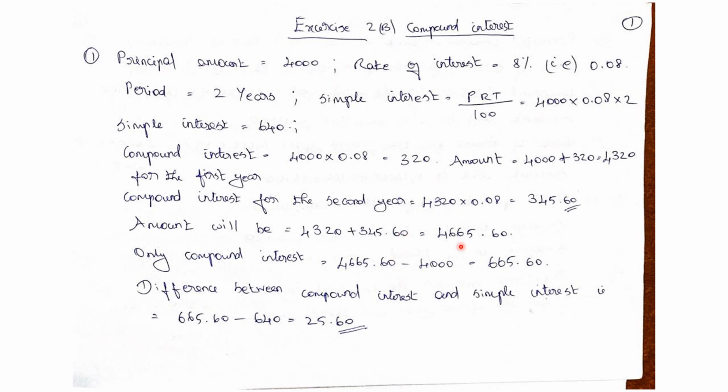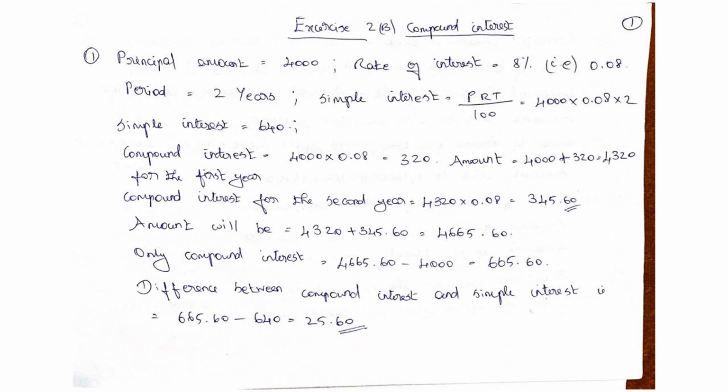That is 4,665.60 minus 4,000. Okay, we'll get 665.60. Now the difference between simple interest and compound interest: compound interest is 665.60, simple interest is 640. So the difference is 25.60.